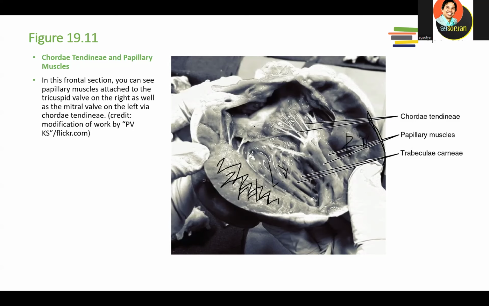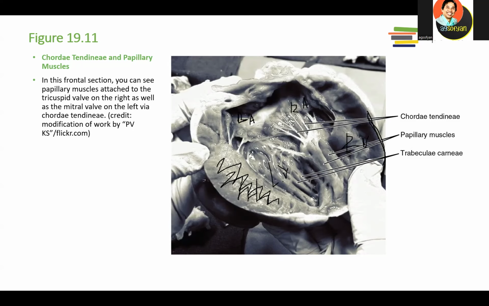Now, on the top of the left ventricle will be the right, I'm sorry, the top of the left ventricle will be left atrium. On the top of the right ventricle will be right atrium. Now we're gonna look at the additional structures.